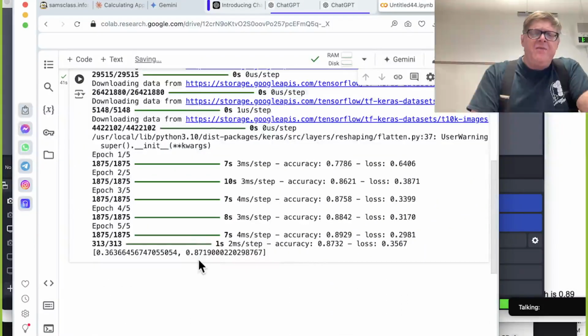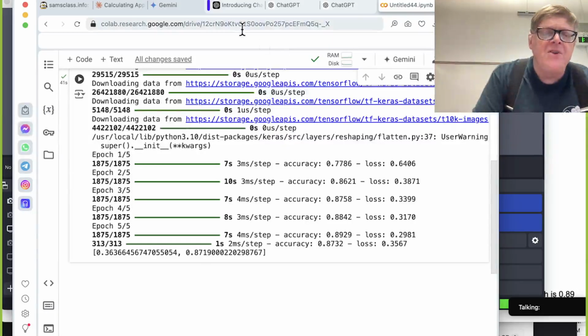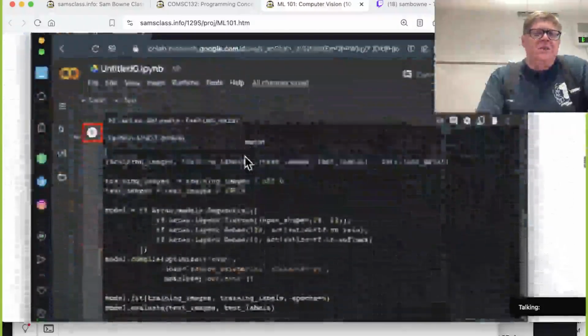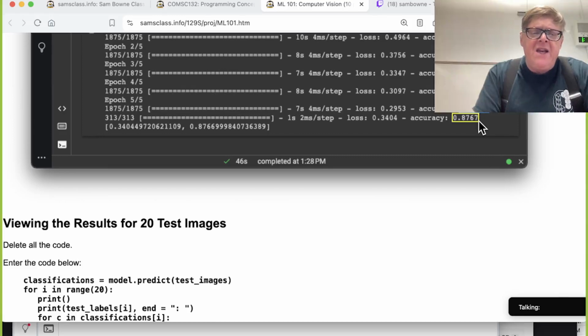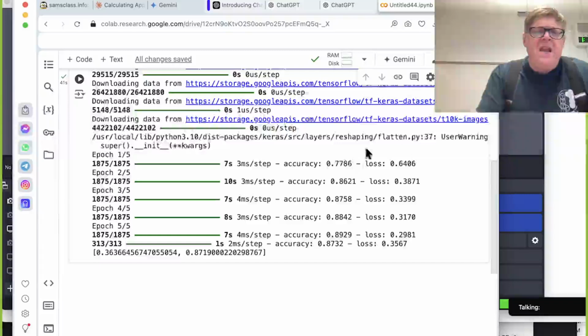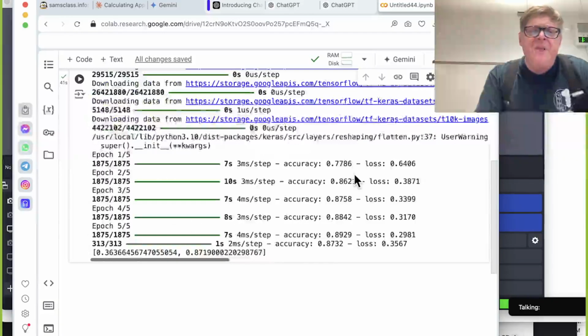So this means 87% accuracy on the test images. Now let me go back to my instructions and make sure I'm interpreting that output correctly. Yeah, there should be 2 numbers, an accuracy here and an accuracy there, which would be 89 and 87. That's what I expected. And yeah, I see, it's just wrapped around.